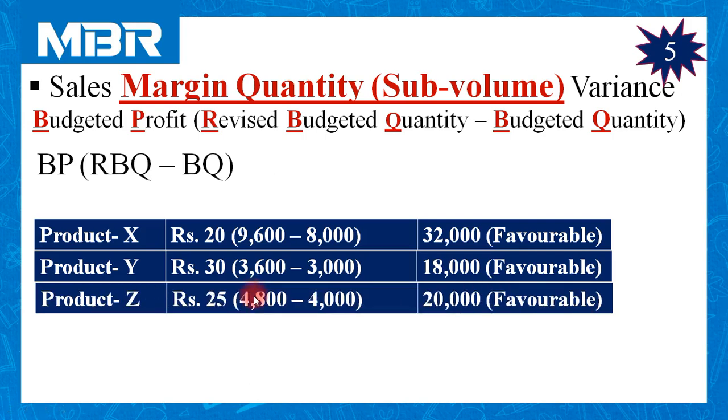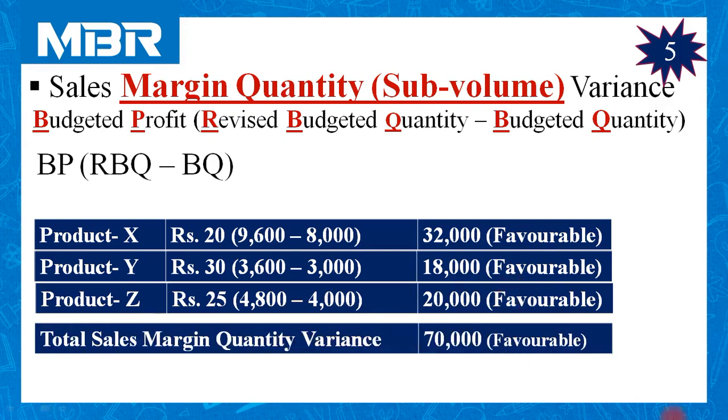Product Z, 25 rupees per unit, revised budgeted quantity as per our calculation 4,800 units against budgeted quantity of 4,000 units. So 20,000 rupees favorable. Logic remains the same for the decision of favorable or adverse. Total sales margin quantity variance 70,000 favorable. With this, all 5 variances related to sales based on margin come to an end.